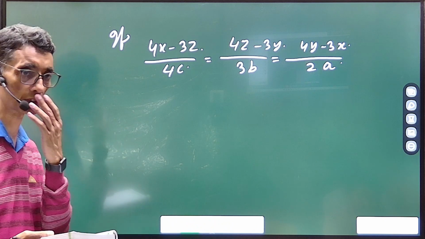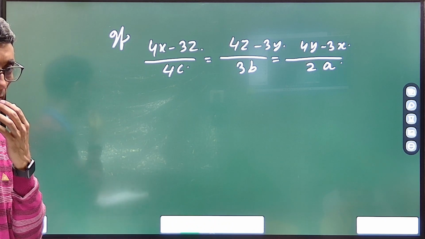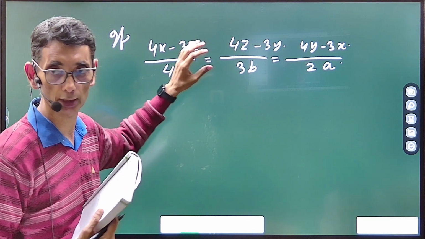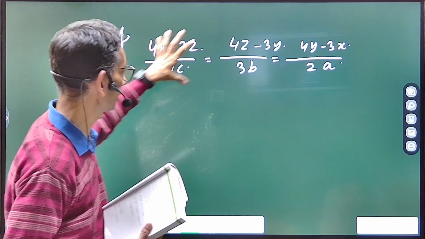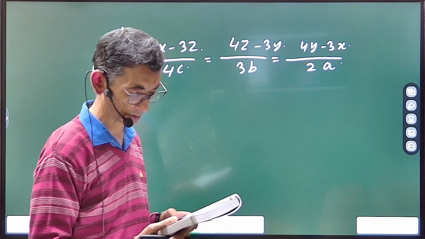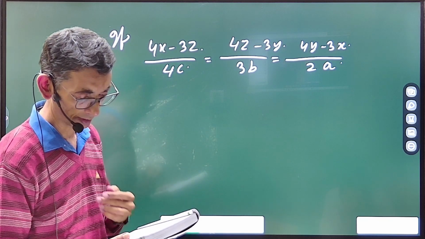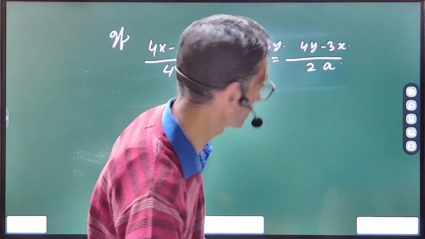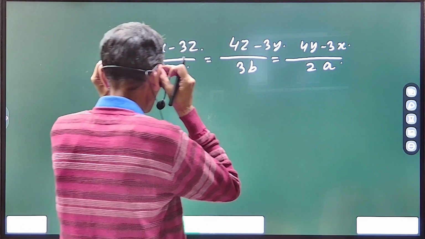That means these ratios are in proportion. How many ratios are there? 1, 2, 3. They are in proportion. They show that this ratio is equal to this. Now there is a formula, right?